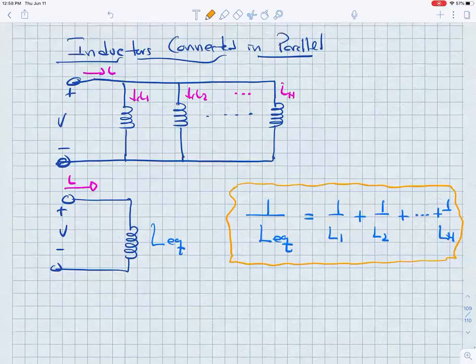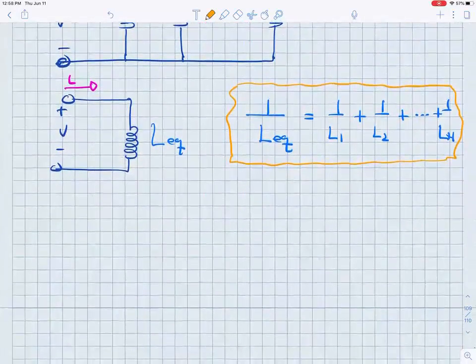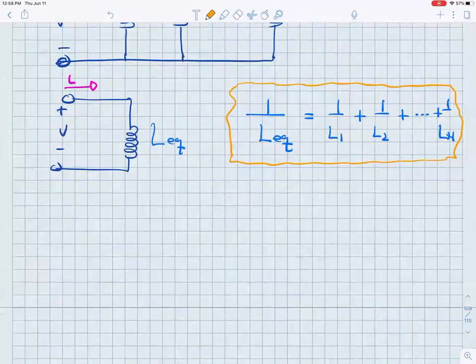So that is inductors in series and inductors in parallel. We do this for the resistors, so there's nothing different. I'm going to stop over here for the first section of the class.